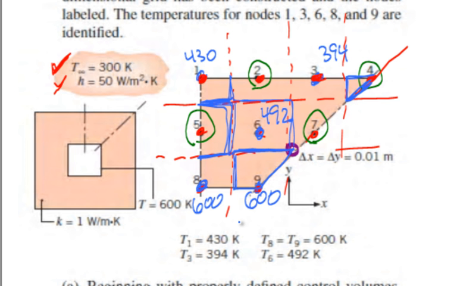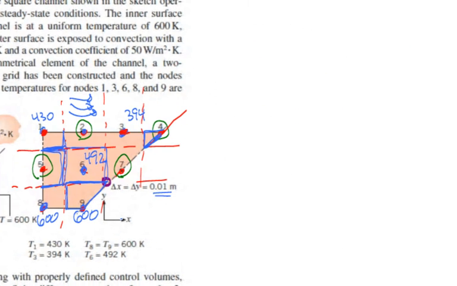Now, what we want to do is write an energy balance for node 2. So here's node 2 right there. I have convection off of this side for node 2, and delta x and delta y are 0.01 meter. Maybe I'll blow it up.